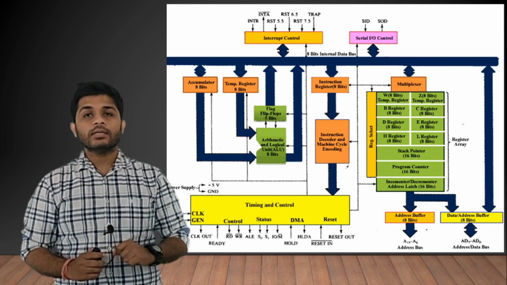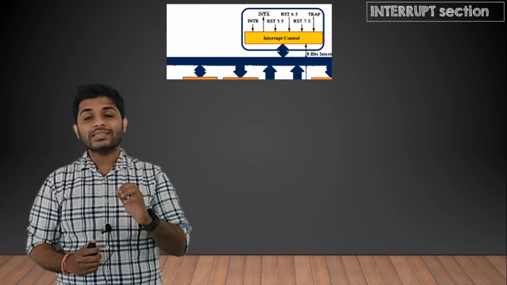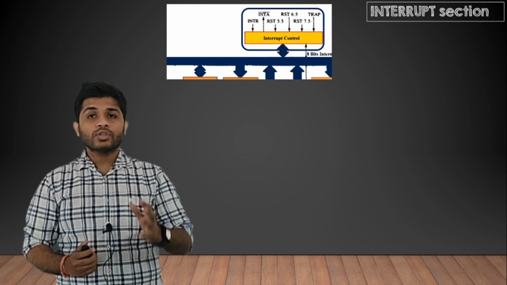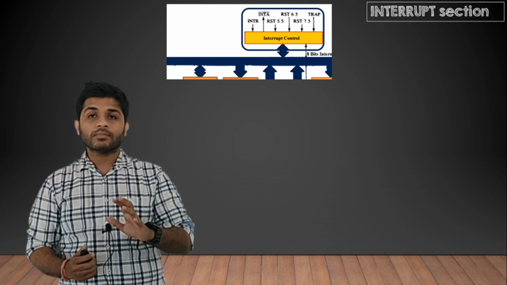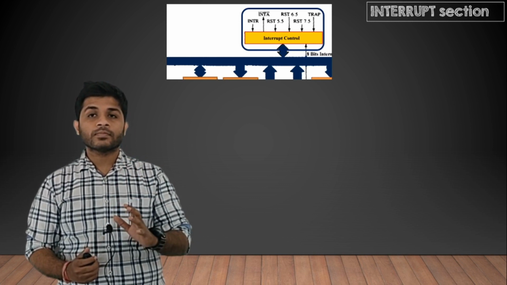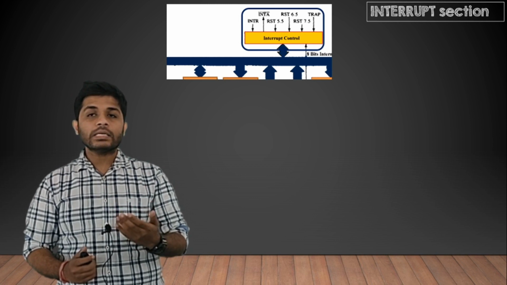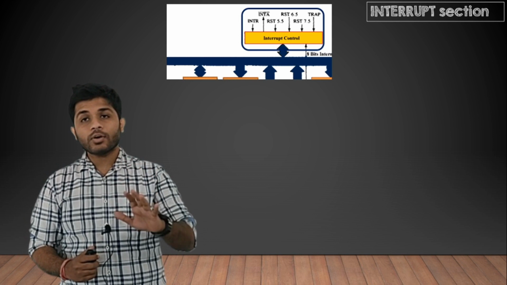Now let's see the interrupt section. Before going to see the interrupt section, you should know first what an interrupt is. The processor will be performing its own program, its own process. When the processor is executing its own process and an interrupt is received, the processor will stop that process.